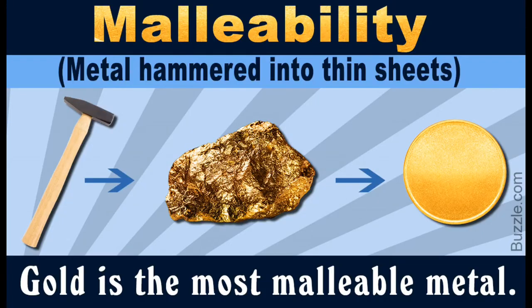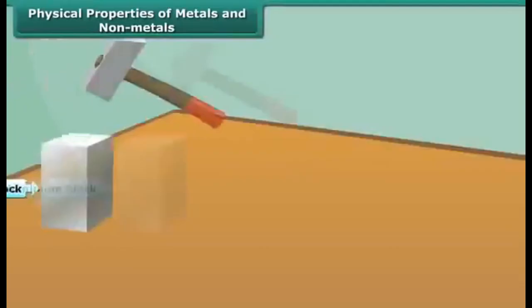Now let's talk about the properties of the metals. The very first and interesting property is called malleability. It means if you can hammer any substance into a thin sheet, that property is called malleability. Let's have an example of how this property works.